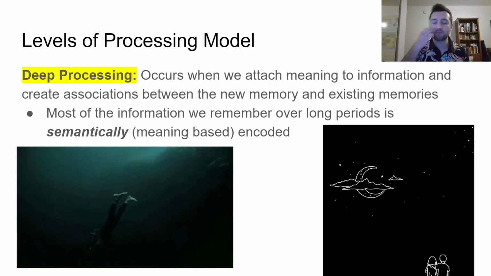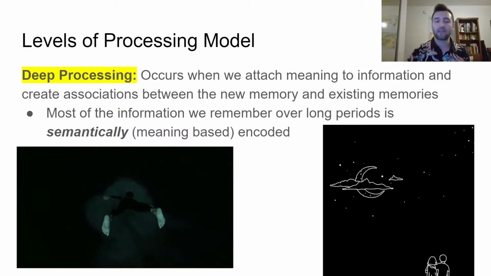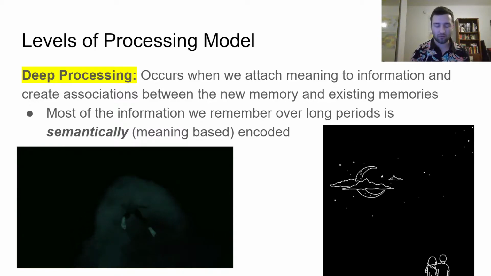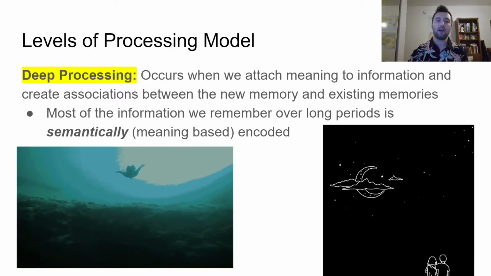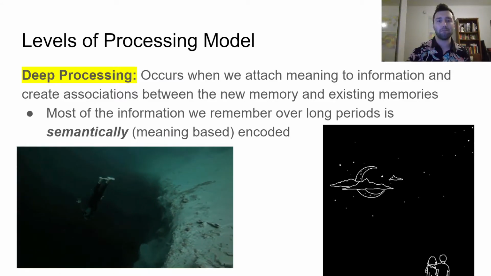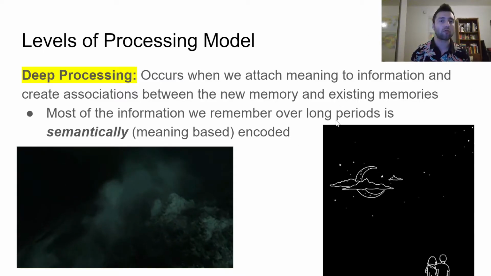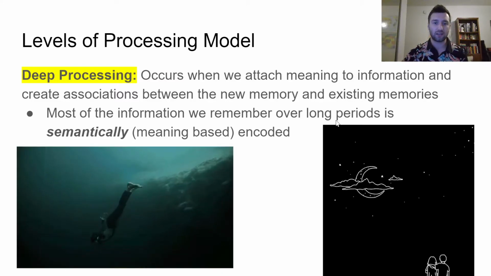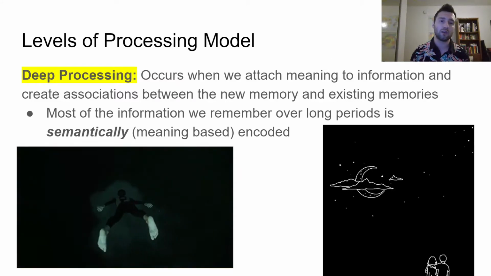It's basically exactly what it sounds like: when I hear that word, I'm not just writing it down without thinking about what it is, or just looking at it and copying it. I'm consciously connecting it to meaning. What does that mean on its own? And again, this is how we're going to remember things for long periods of time. Kind of connecting it back to our notes and how we do those, hopefully, in this class.